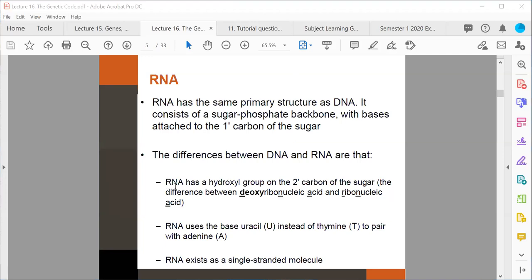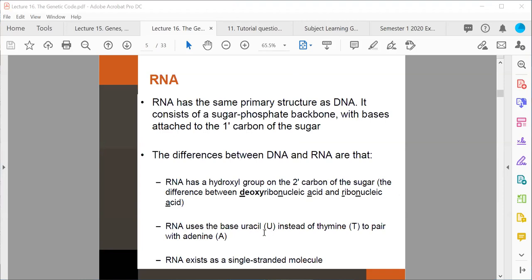All right, so RNA nucleotides have a hydroxyl group on the 2' position of the sugar. They have a hydroxyl group. So this is the difference between deoxyribonucleic acids, in other words, DNA, and ribonucleic acid, in other words, RNA.